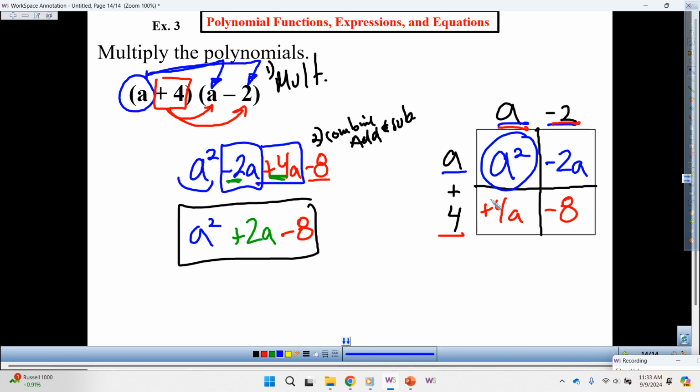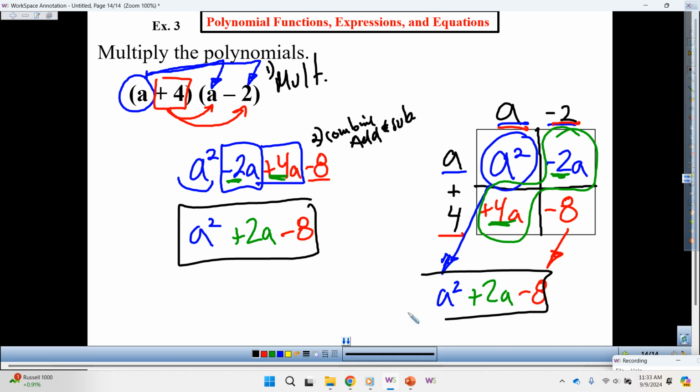Is there another a squared? No, you bring that down. Combine these two. What is 4 minus 2? 2a. And then at the end, you bring this one down, which is -8. Do we get the same thing? Yes. All right. So that was me.